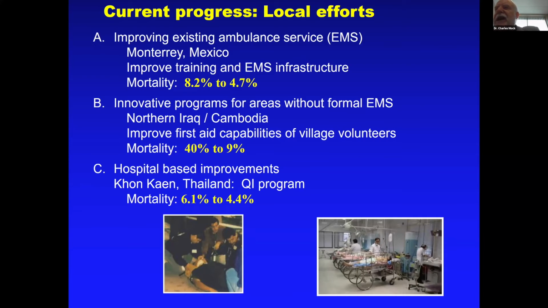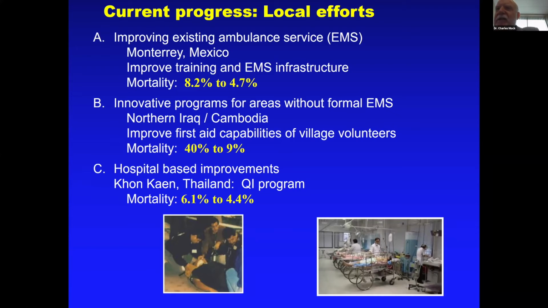Much of the world does not have ambulance services, but yet this innovative program in northern Iraq and Cambodia, first aimed for survivors of landmine injuries in these post-conflict areas, but in a program that applied to all injured people, improved first aid capabilities, training of first responders, kind of what Dr. Wren was just referring to, remarkable decreases in mortality by providing just better first aid or any first aid in the field.